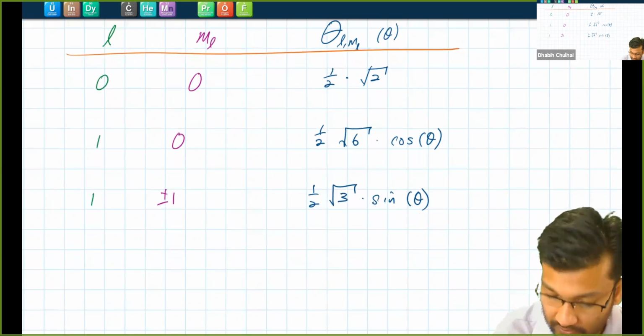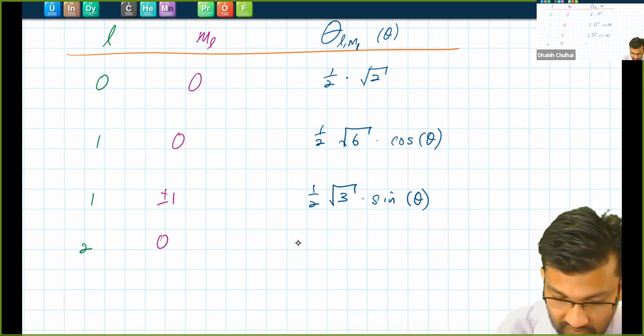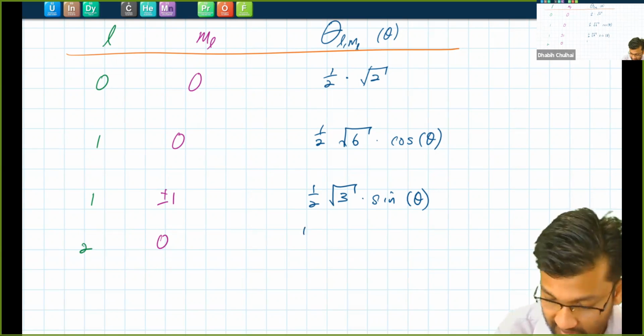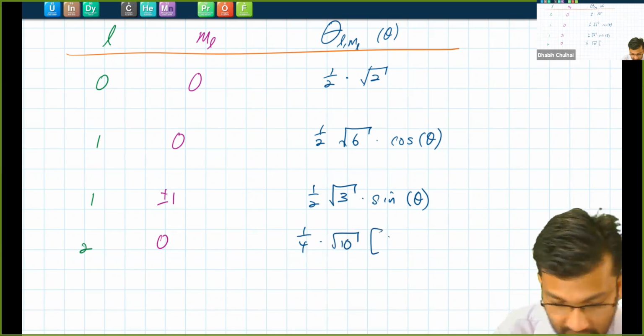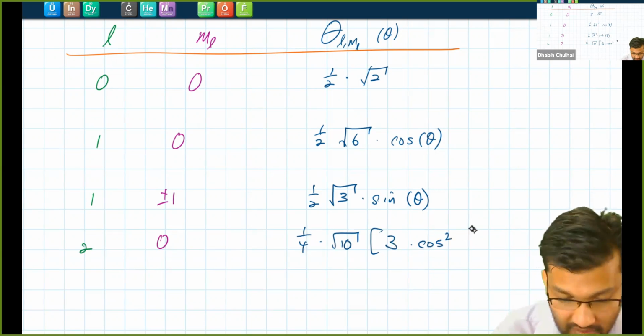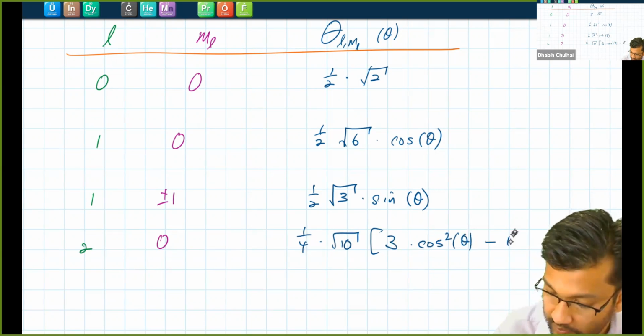We're going to do up to 2. For L equals 2, ML could be 0, in which case the theta wave function becomes really complicated really quickly. Square root of 10, and I hope I copied all of this down correctly, but that's what it is.